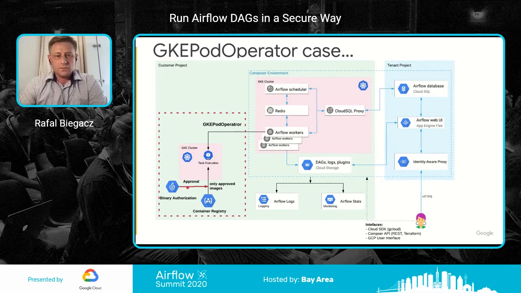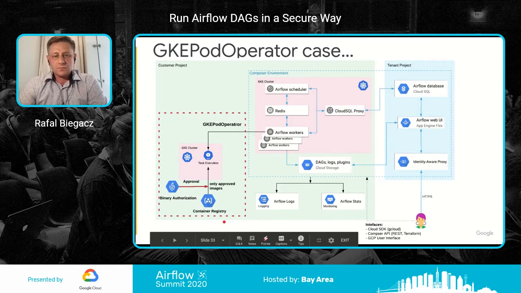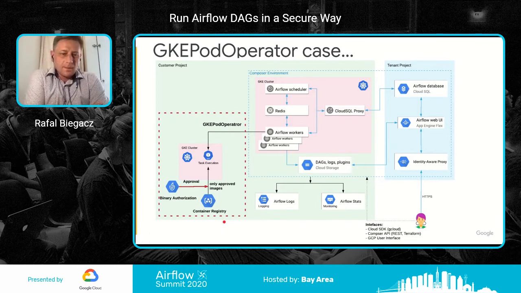And if the opposite happens, then the task is going to fail. But this mechanism gives administrators of Airflow the control over which container images are used within the system. And binary authorization is pretty flexible. You can define different policies for different Kubernetes clusters.